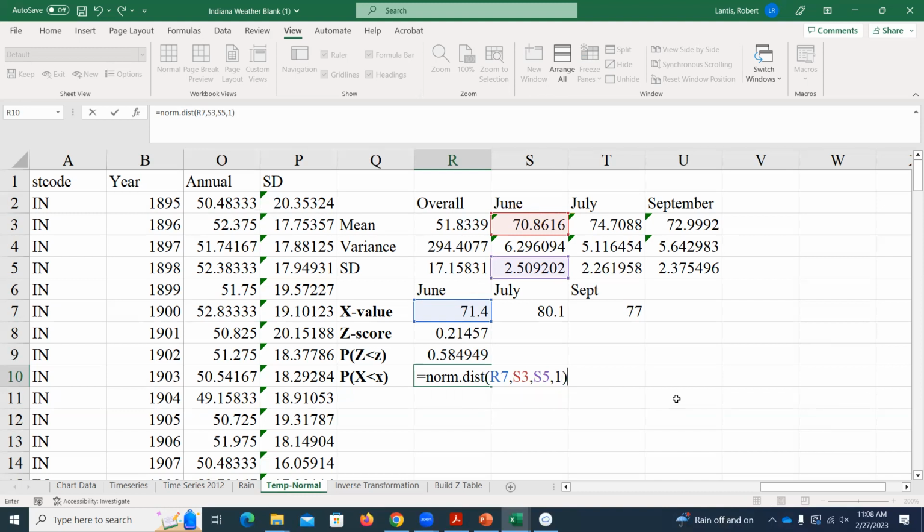So I've given Excel the cutoff value, the mean, and the standard deviation. That's everything it needs. It calculates the Z value for you behind the scenes, throws it into the norm.s.dist function, finds the area to the left of that value, and then spits back out the probability. So it does everything that we just did before. Hopefully it should give us that same probability of 0.58. You just did it all behind the scenes.